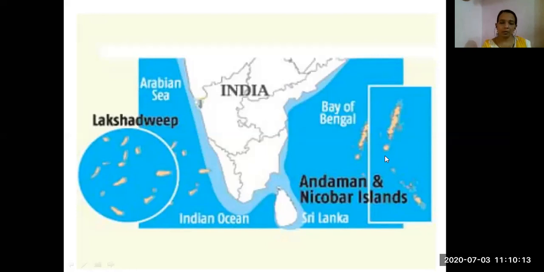These islands lie close to the equator and experience an equatorial climate with thick forest cover. So we have studied all about the Lakshadweep and Andaman Nicobar Islands in this part.